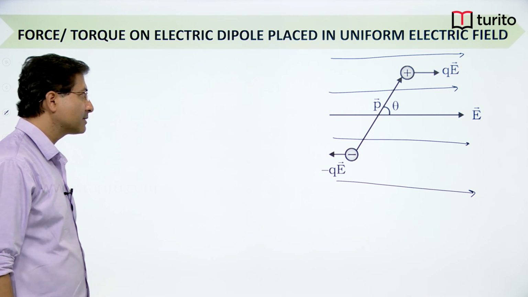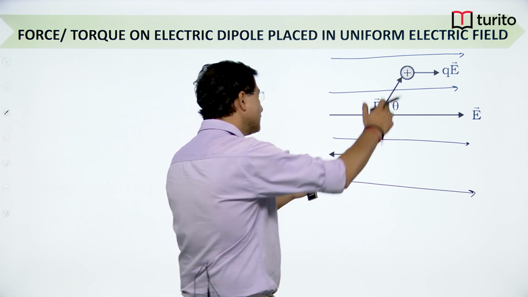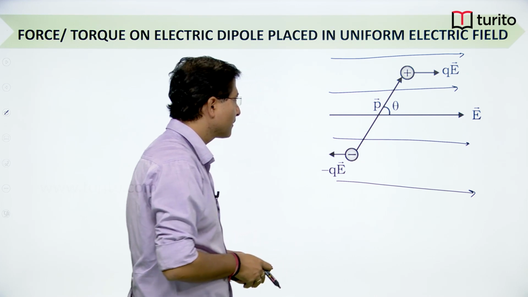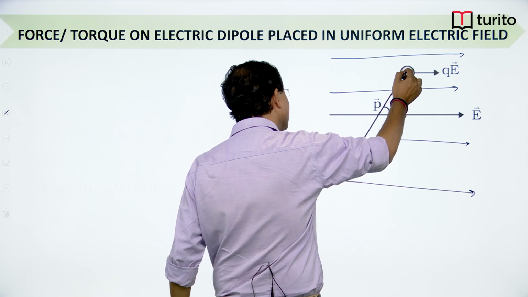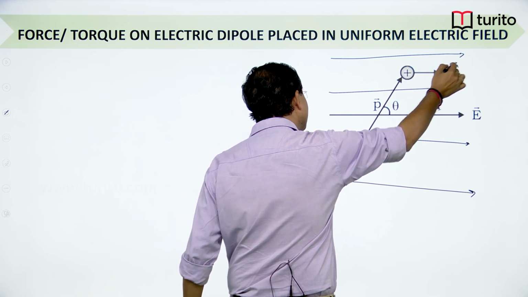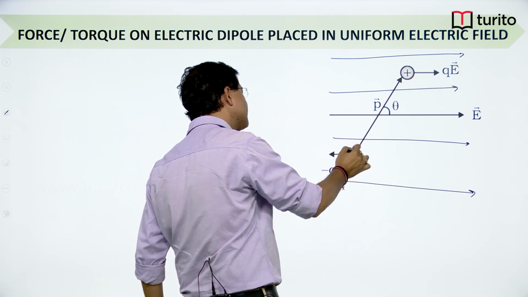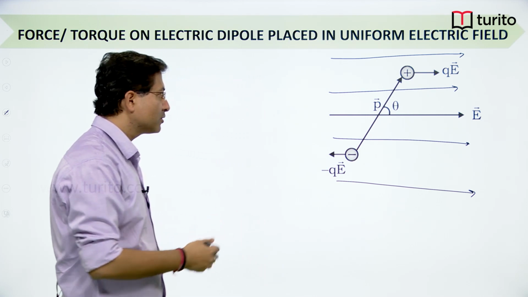So if I place the dipole this way or any way, the force experienced by this positive charge will be along the field, that will be Q into E, and the force experienced by this negative charge will be opposite to the field.